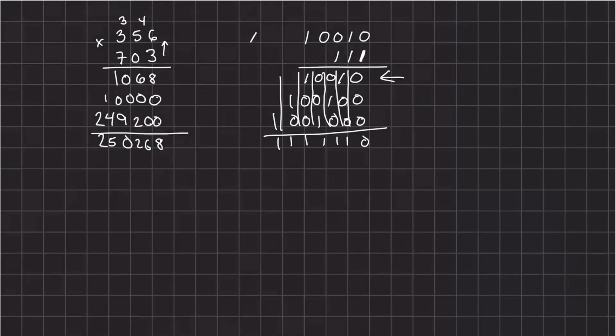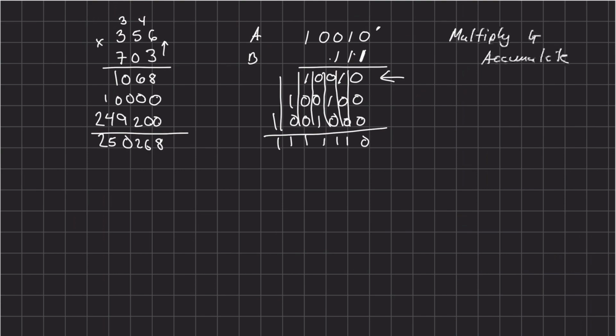So this is A, this is B. Each time B has a 1 at a certain place, I will shift A by the place I am at in B, and add to the value I'm currently at. So this is what I talked about last week: multiply and accumulate. Multiply and accumulate. Okay.